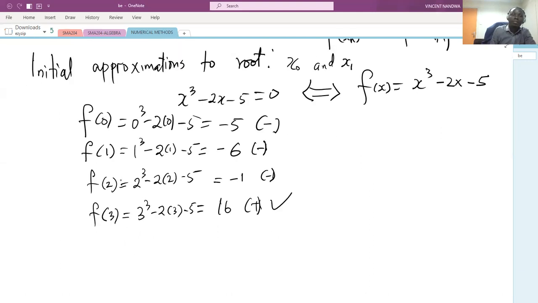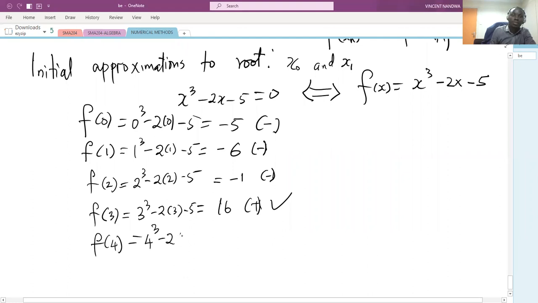Or if we try another value, say 4, then 4 cubed minus 2 times 4 minus 5 is 51. This is positive. So the root lies between the values 2 and 3.